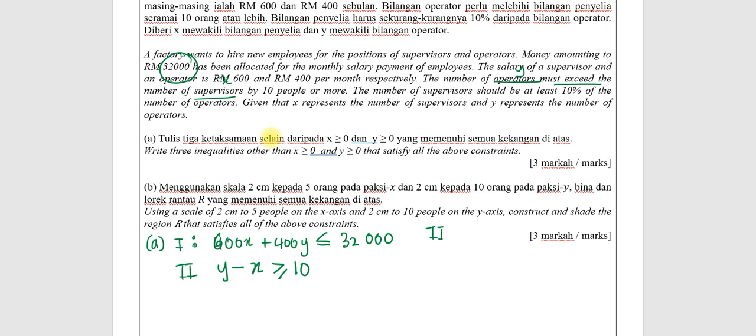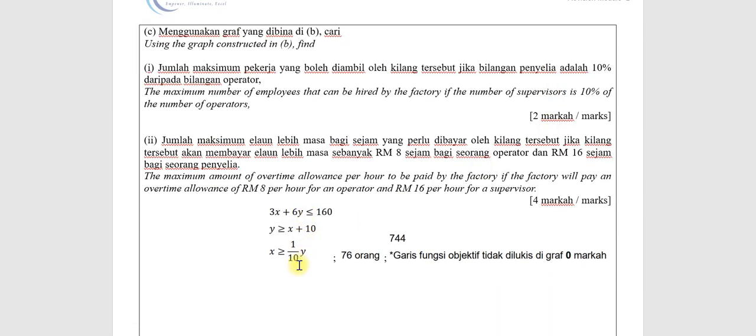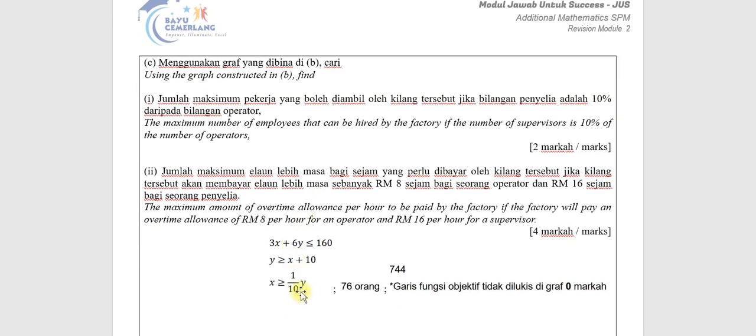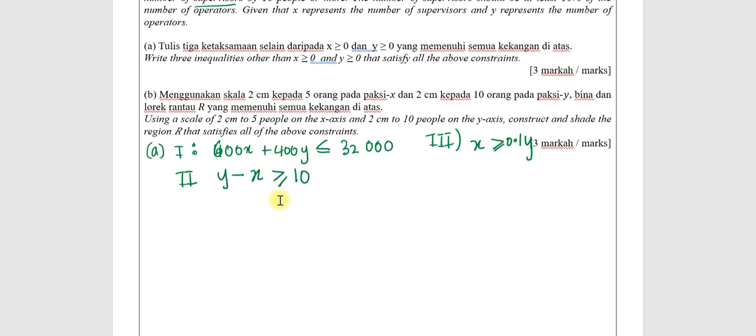The third one: the number of supervisors x should be at least 10%, that is, more than or equal to 0.1 of the number of operators y. These are the inequalities we want to see. All the inequalities are correct; it's just another way of writing the inequalities given here. We just follow the numbers they give us. It doesn't matter.